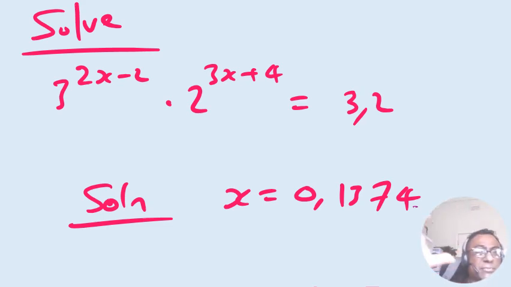You break up the product: that's 3 to the power 2x times 3 to the minus 2 times 2 to the power 3x times 2 to the power 4. Then group the x's and take logs on both sides to bring the x to the front. Try it. It's straightforward, but you have to do it. You can't just look at a question and say it's straightforward. Write down the answer yourself.